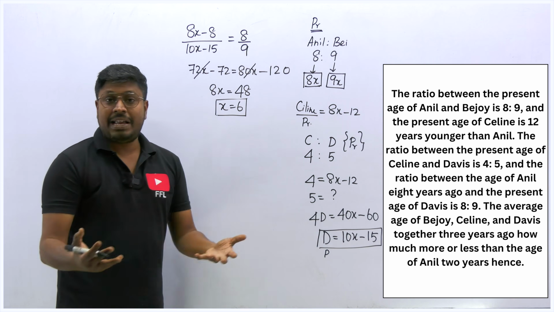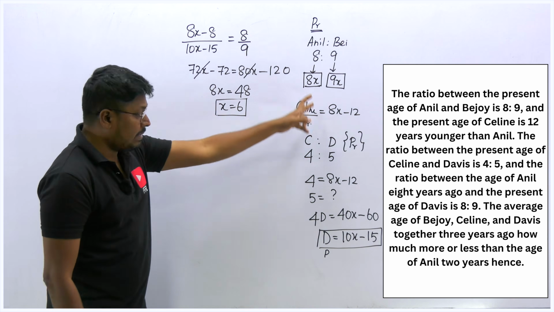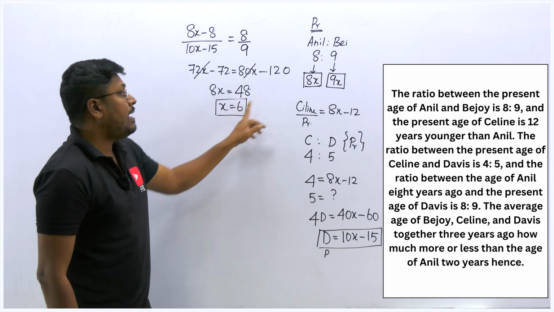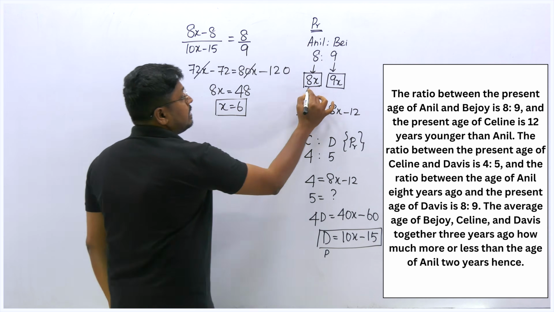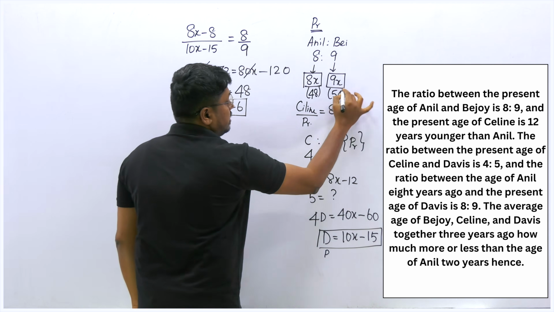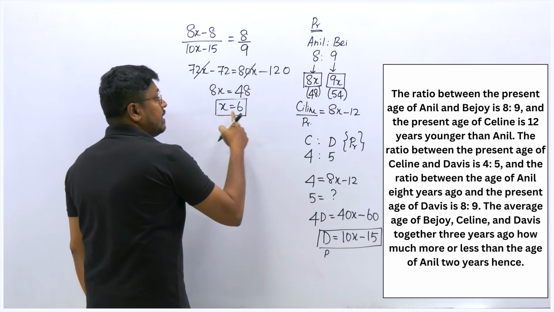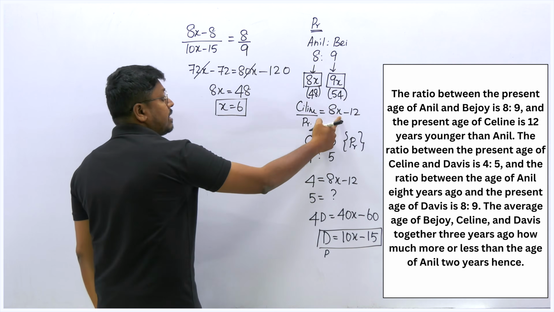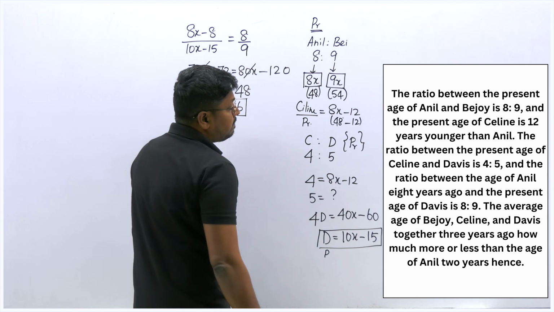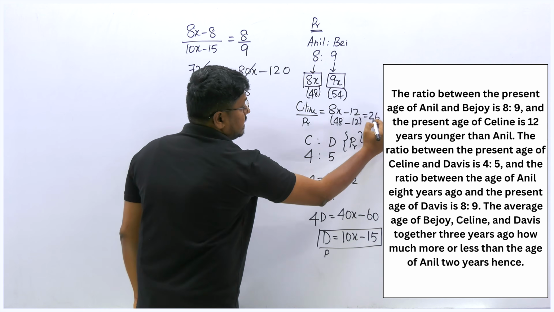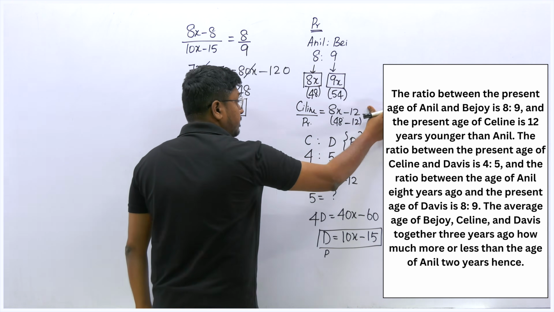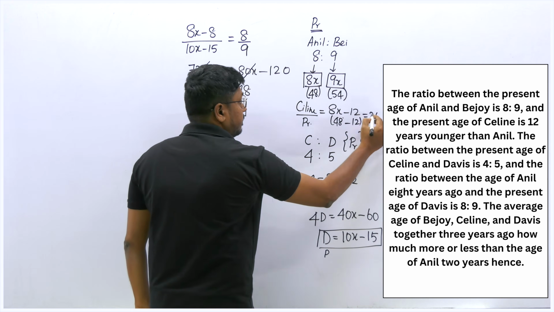Once you have the value of x, finding all the remaining persons' ages is easy. Anil's age is 8x, 8 times 6 is 48. So this will be Anil's present age. What about Bijoy? 9 times 6 is 54. Next is Silen: x is equal to 6, so 8 times 6 is 48, and 48 minus 12 is 36.